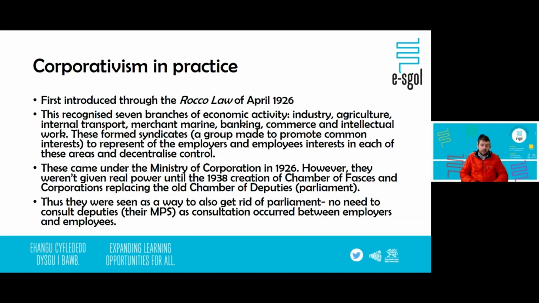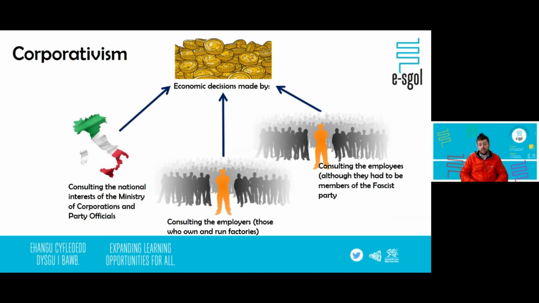branches of economic activity, they were seen as a way to also get rid of Parliament. There would be no need to consult deputies, their MPs, as consultation supposedly occurred between employers and employees. Now, as we'll see here, in order to make those economic decisions, you had to consult the national interests of the Ministry of Corporation and fascist party officials.